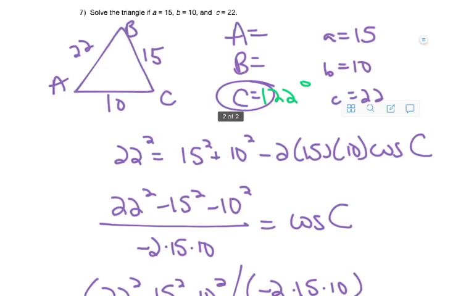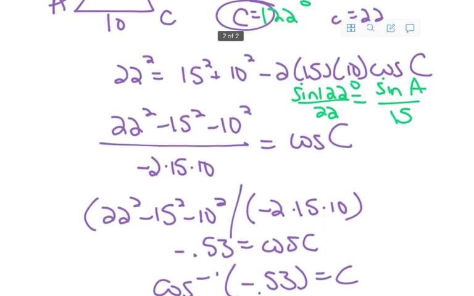Now you can use the law of sines to find another angle. You can use the law of cosines if you want, but you probably don't want to. So we're going to use the law of sines to find the next biggest angle, which is going to be angle A because side A is 15. So now I'm going to do the sine of 122 over 22 is equal to the sine of A over 15.